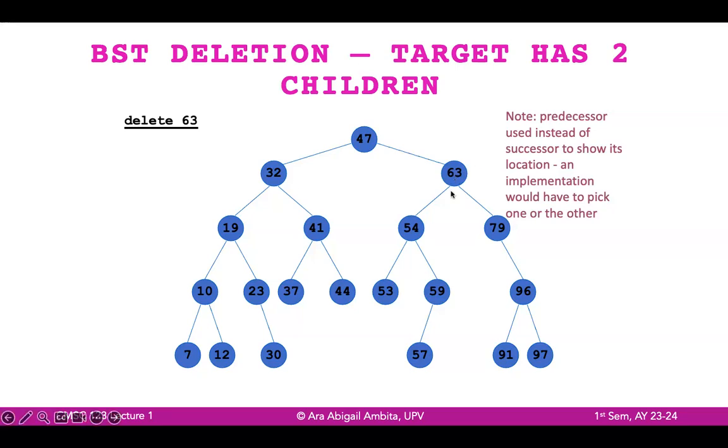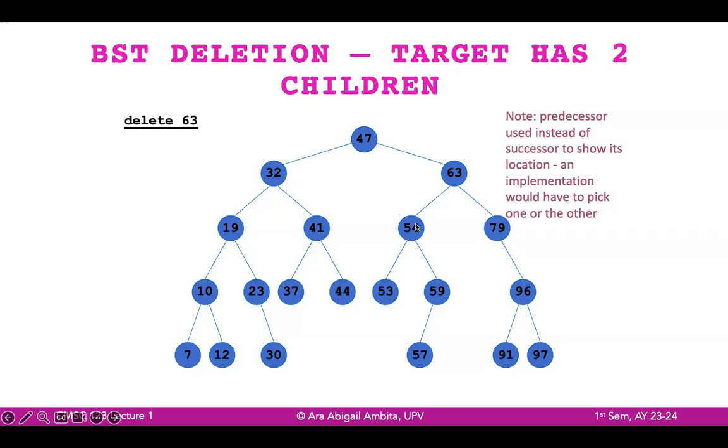So let's say we are going to delete 63. Since we are looking for its predecessor, the rightmost node of the left subtree, what is the left subtree of 63? It's this whole tree, which is rooted at 54.